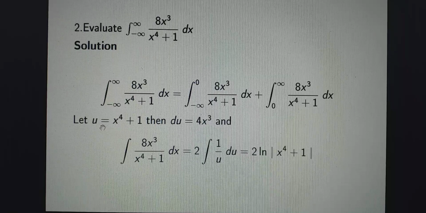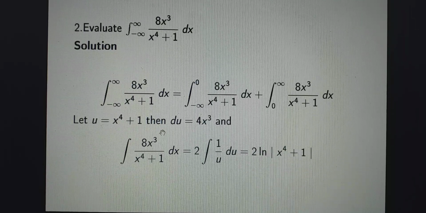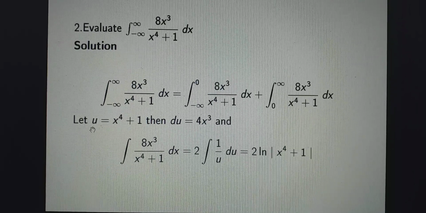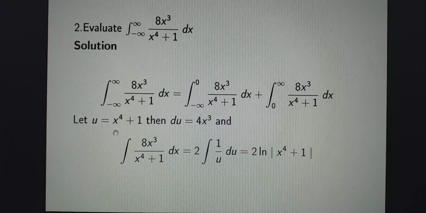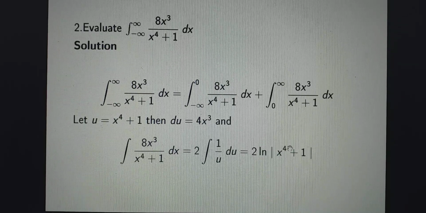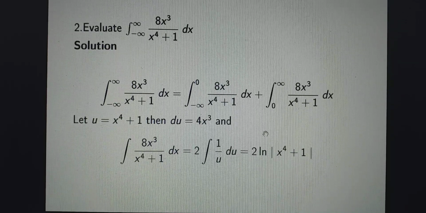Okay, this is for the indefinite integral. We take substitution u equal x to the power of 4 plus 1, and we get this integral equal to ln of x to the power of 4 plus 1.